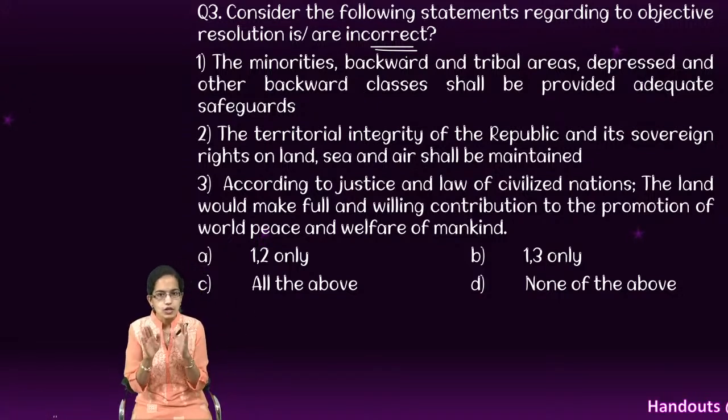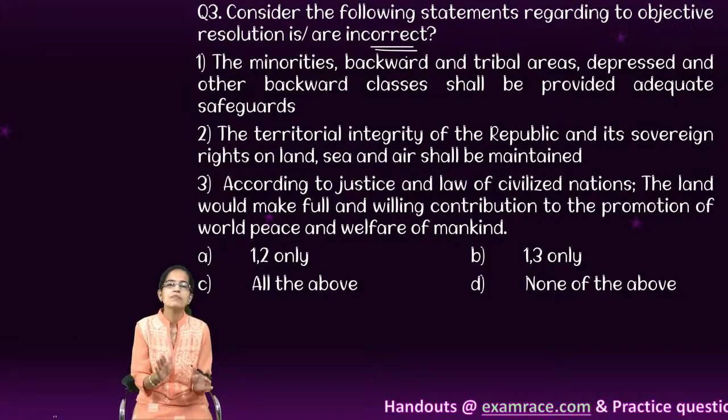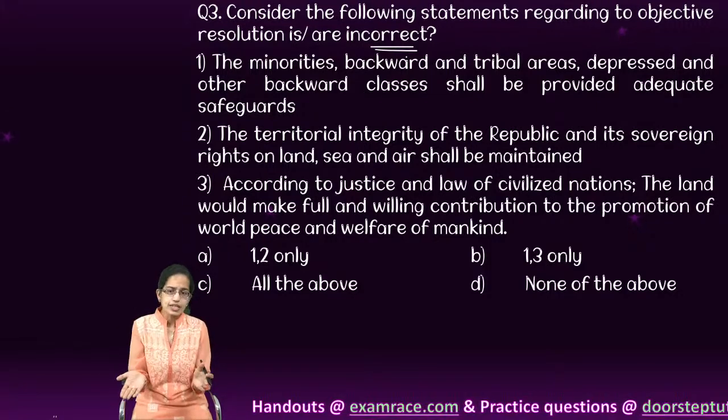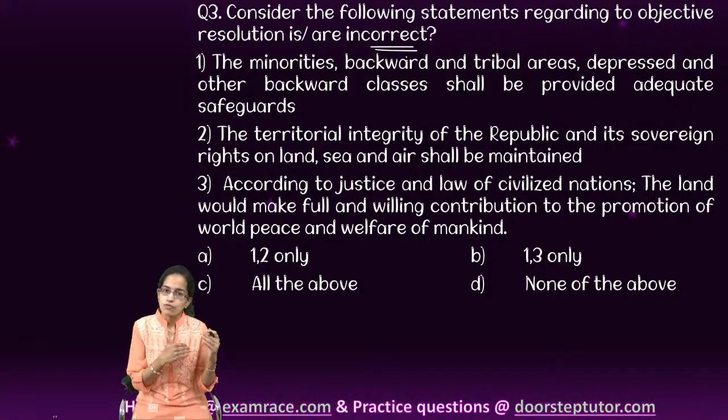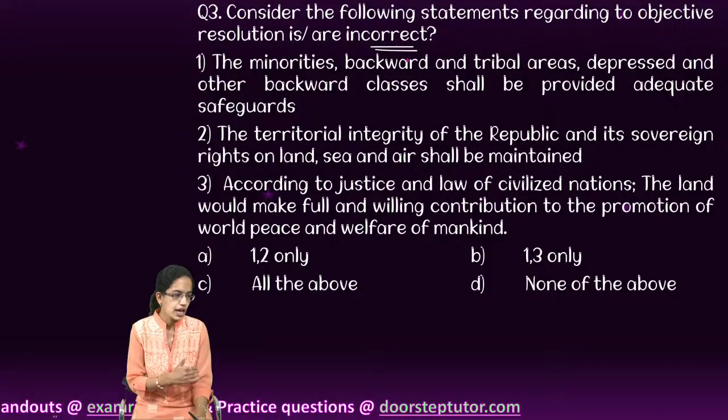It was unanimously adopted on 22nd January 1947 and later integrated as part of the preamble of the Constitution. Now, which of the following statements are incorrect is the question here.